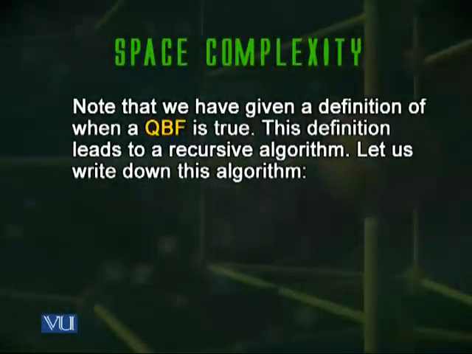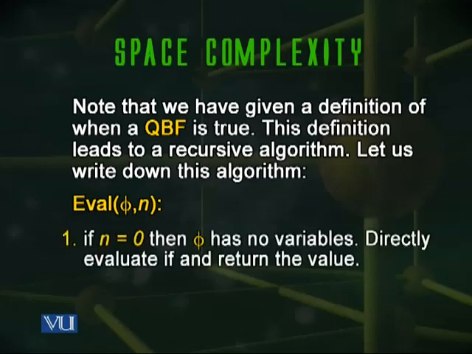So we're given a definition of when a QBF is true, and this definition leads us to the following recursive algorithm. It's going to evaluate whether a formula is true or not, and therefore I've called it eval(phi, n), and n is the number of variables in phi. If n is equal to 0, then phi has no variables.